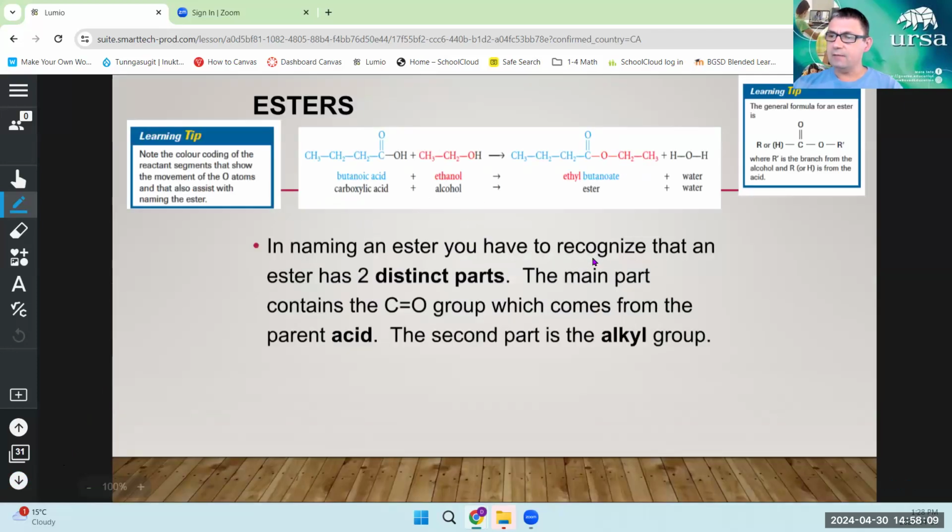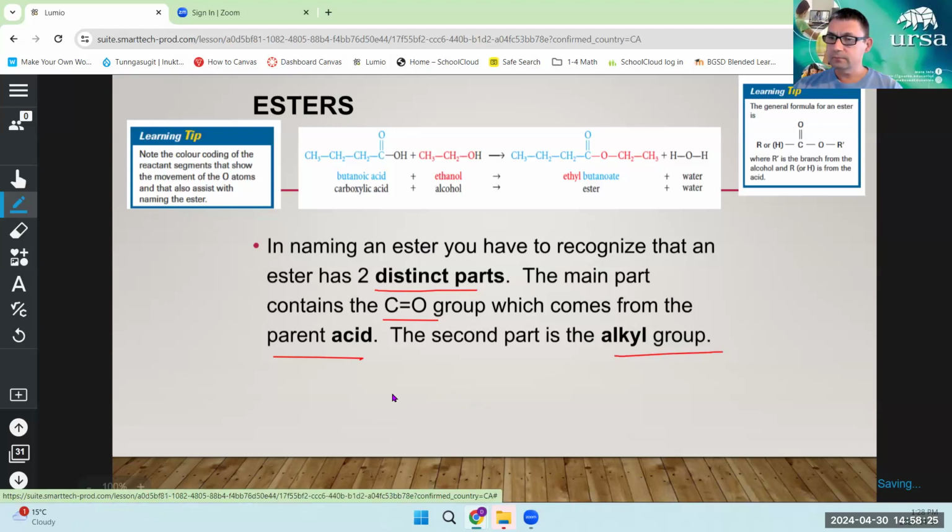So esters have 2 distinct parts, an alcohol part and a carboxylic acid part. The main part contains the carboxyl group, which comes from the parent acid. The second group, the alkyl group, comes from the alcohol.